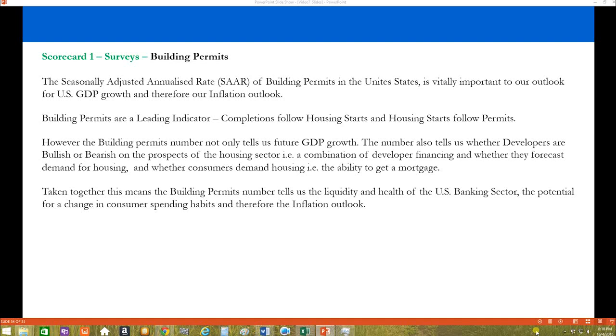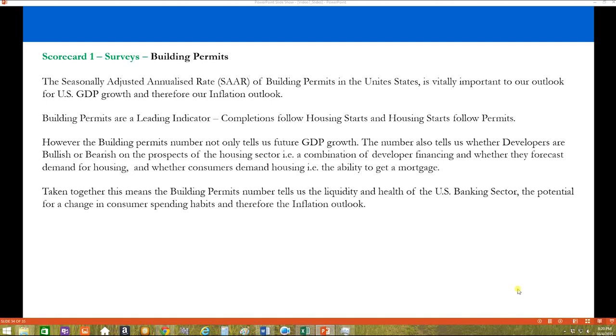So if you remember, we talked about the money supply and the fractional reserve banking system, the reserve ratio requirement, and new loans in the banking sector. What that is doing is basically giving you an indication of the liquidity of the banking sector and the potential for a change in consumer spending habits, and therefore the inflation outlook, so the inflation of prices in the economy. So what building permits is doing is giving us a very, very good gauge on the outlook for inflationary or deflationary conditions.